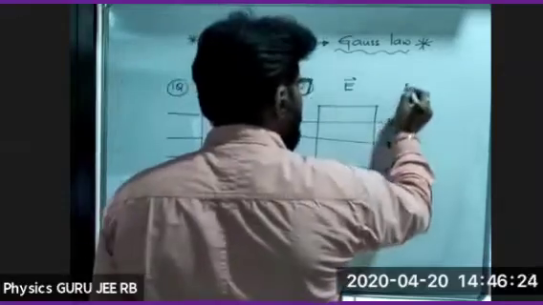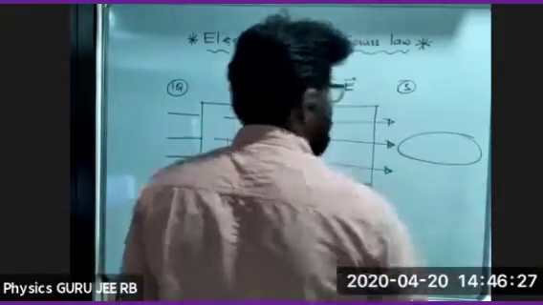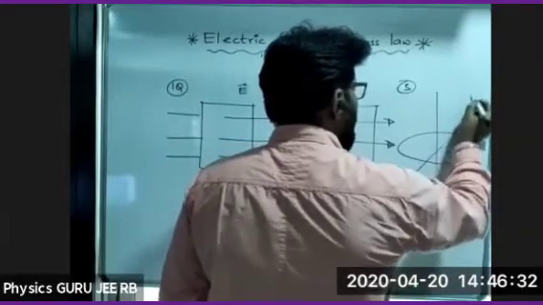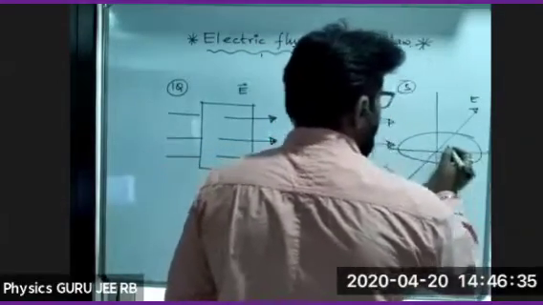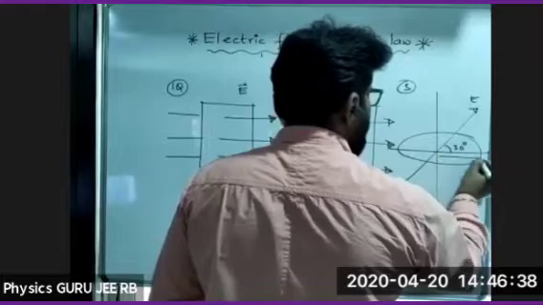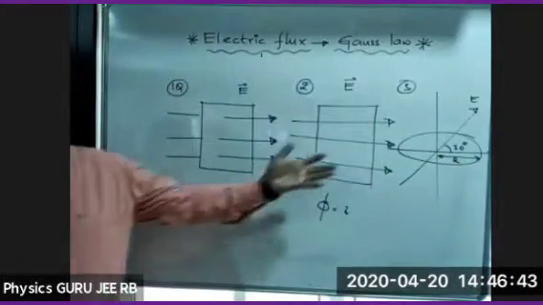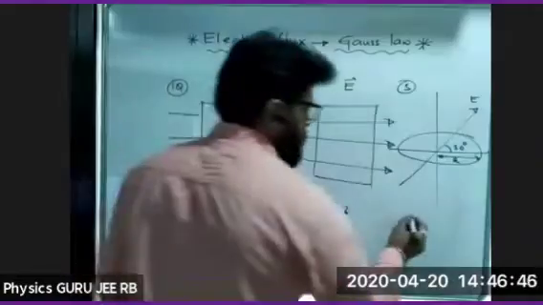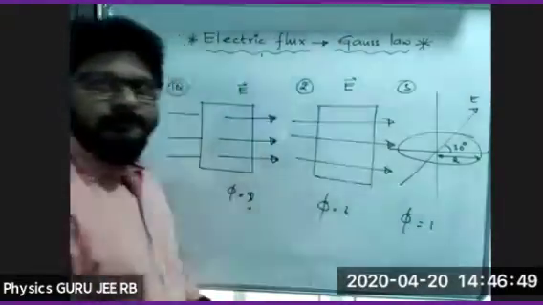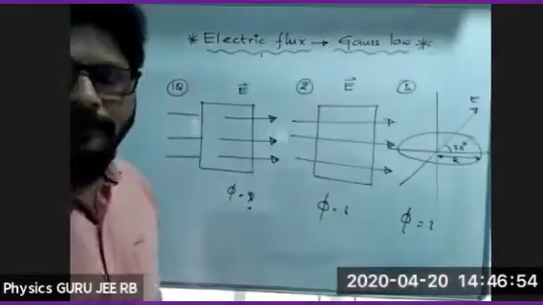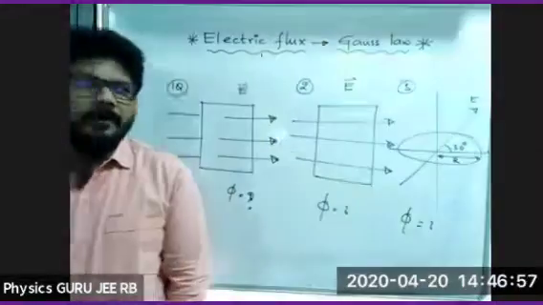And the third question is the direction of electric field intensity, which makes an angle of 30 degrees. If this distance is nothing but r. 1, 2, 3 questions. What are the fluxes in this case? Tell me the answers.